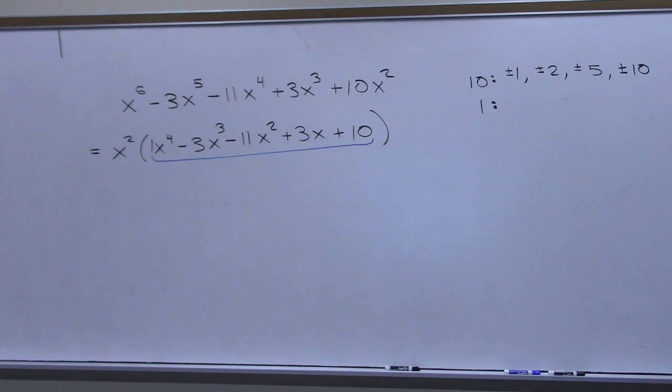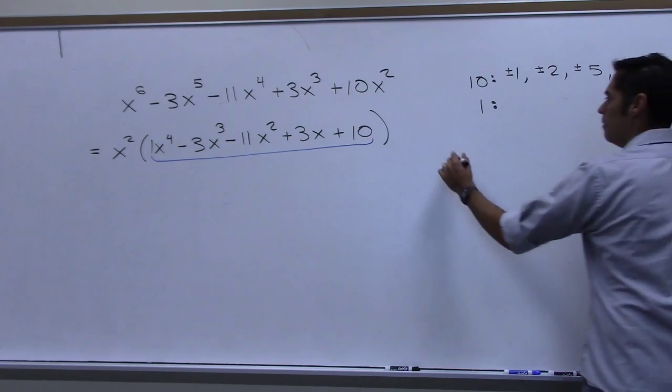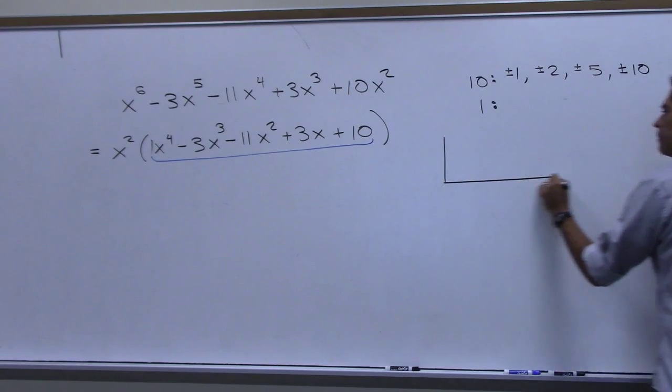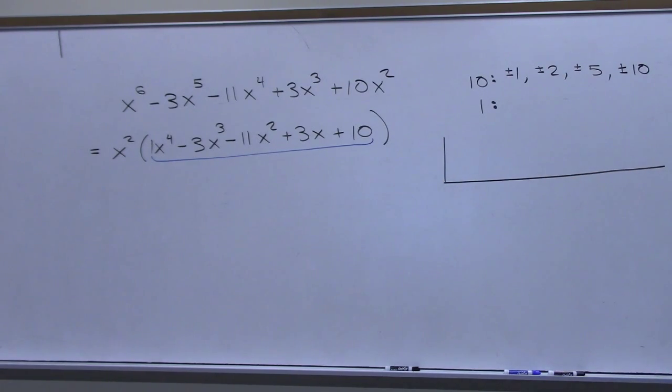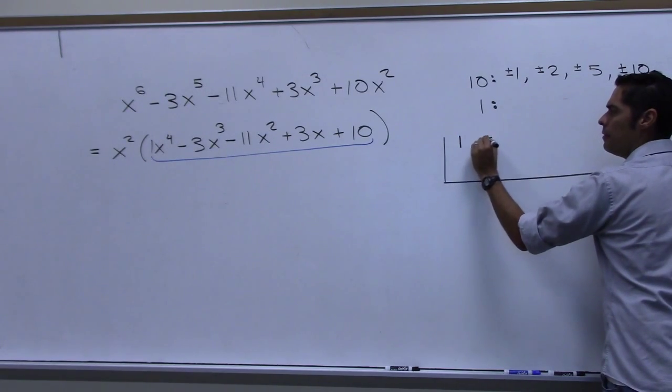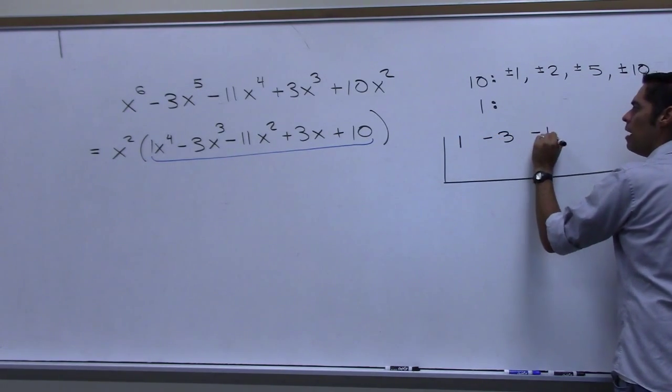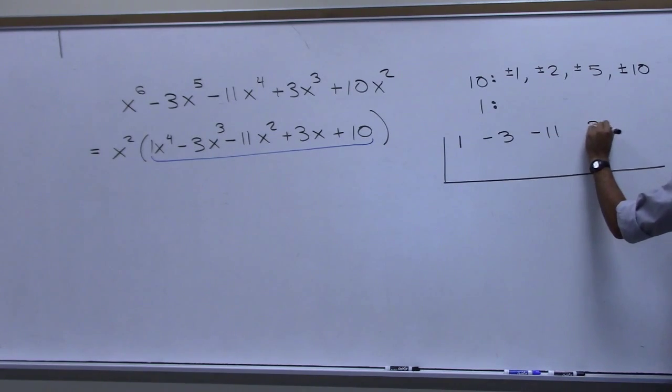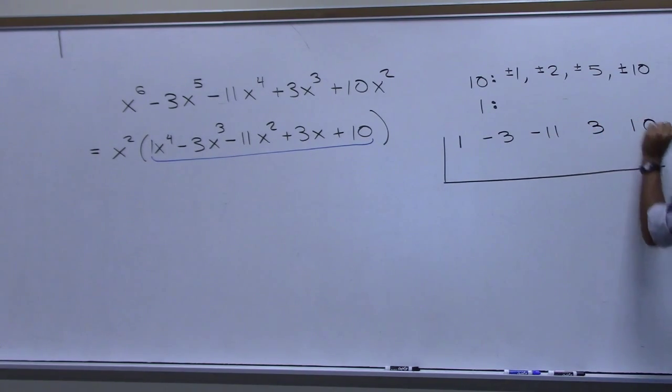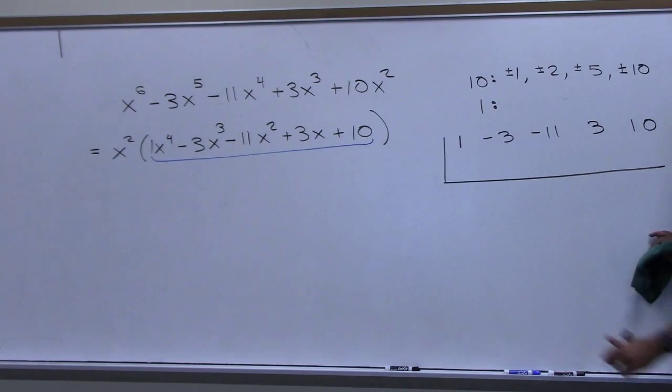Not so bad, with 8 potential answers here. The numbers that go in here are 1, -3, -11, 3, and 10. And I'm starting with what number? Positive 1 on the outside.